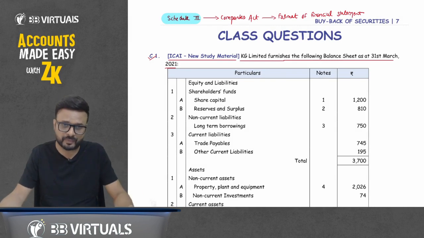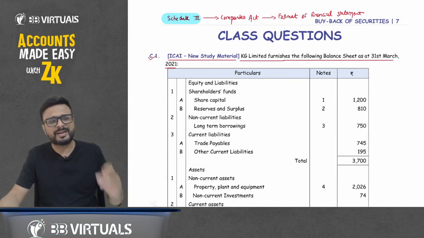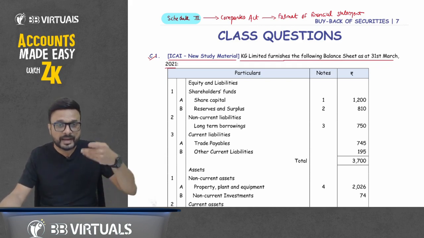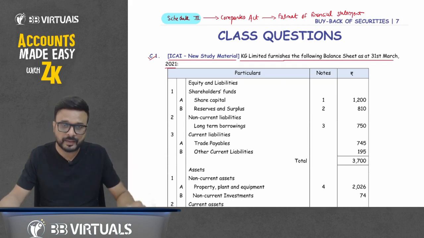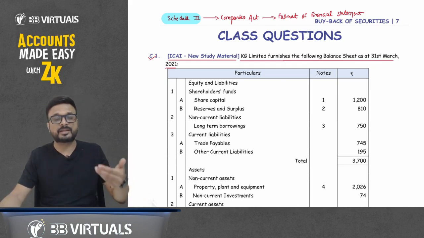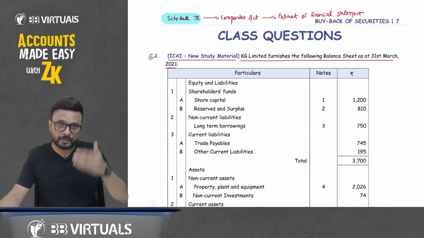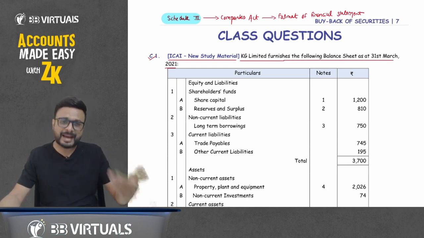The next chapter is company financial statement, where we will discuss in detail what this Schedule 3 is, how we prepare it, and what its format is. It is the format of financial statement that should be followed by a company, the format for profit and loss account and the format of balance sheet.